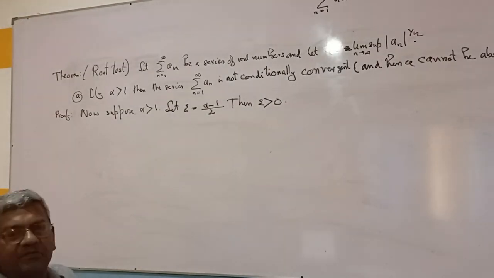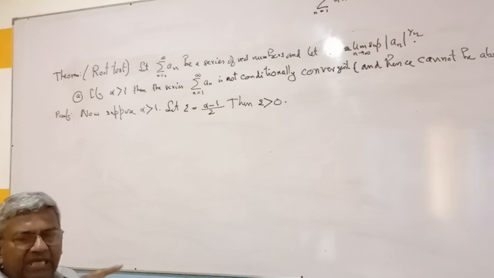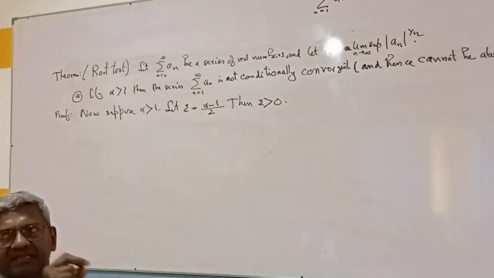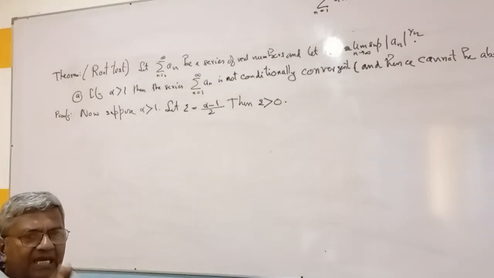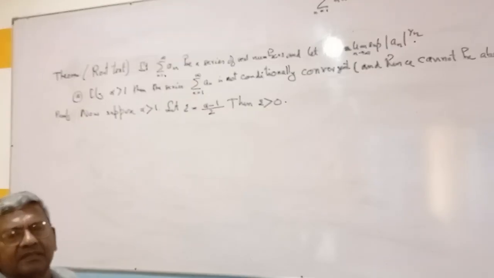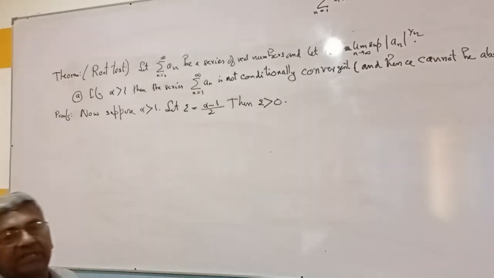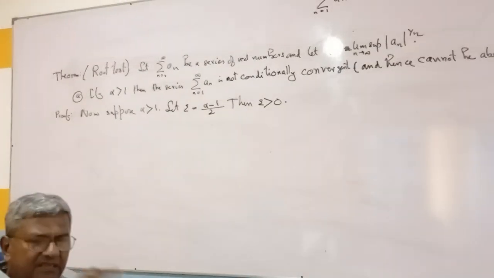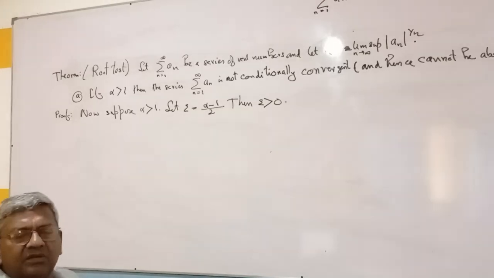This is Lim-Sup. You are working with Lim-Sup. When we showed that when alpha is strictly less than 1 the series converges, Lim-Sup equals alpha has two statements. We use the first one: given any epsilon, there is an integer, say capital N, such that for each n greater than N, a_n is less than or equal to alpha plus epsilon.